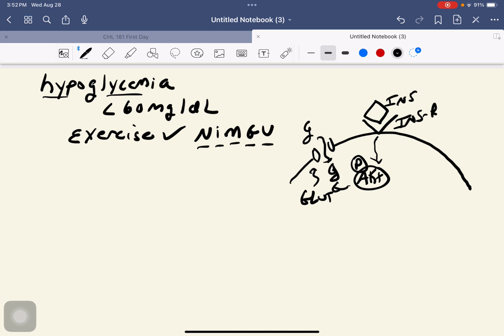That's insulin-mediated glucose uptake. In addition to that, which is fascinating, which is what NIMGU is, I'm going to put it as red, or a lightning bolt. When you exercise, the lightning bolt is muscle contraction, or muscle stimulation. So electrical stimulation of the muscle.